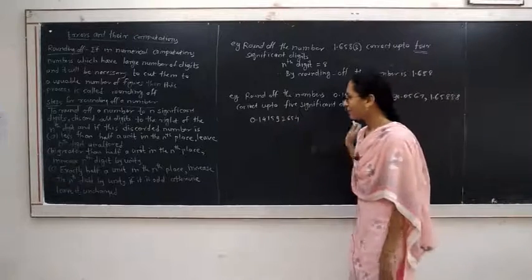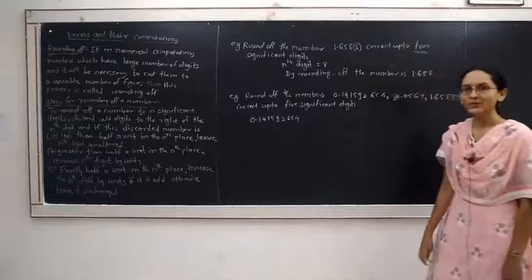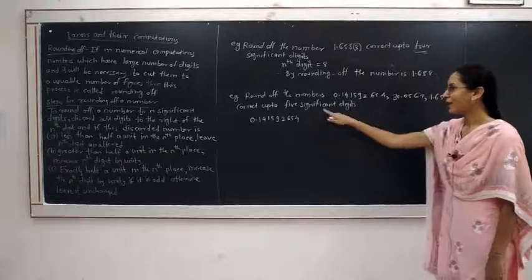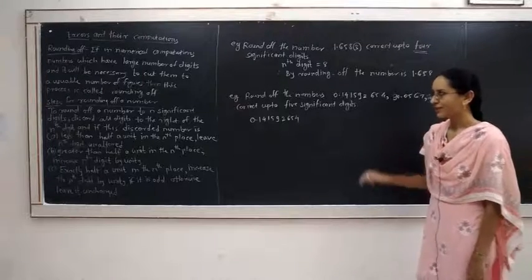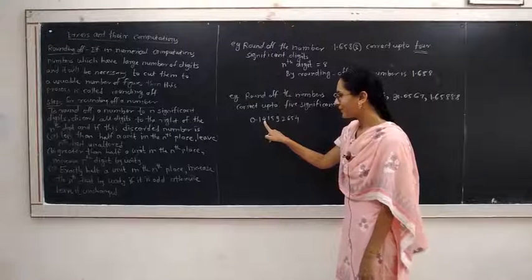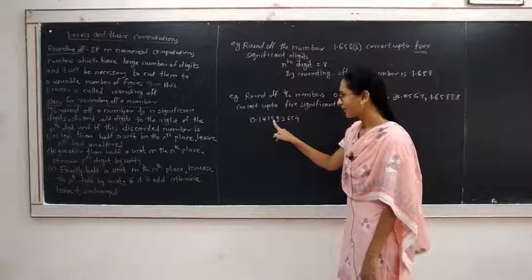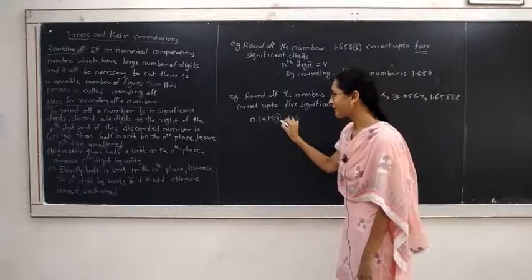In this number, there are 9 significant digits. We have to round off this number correct up to 5 significant digits. Hence, we look at the 5th significant digit. Starting from 1, the next significant digit is 4, next is 1, the 4th significant digit is 5, and the 5th significant digit is 9.